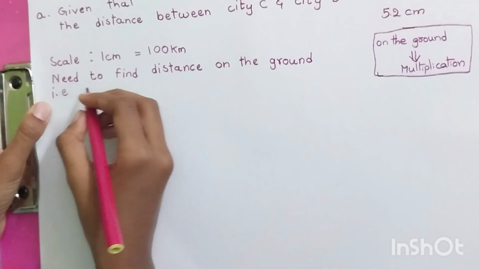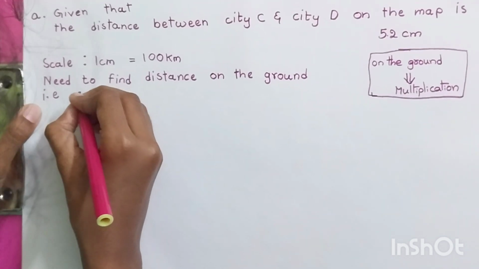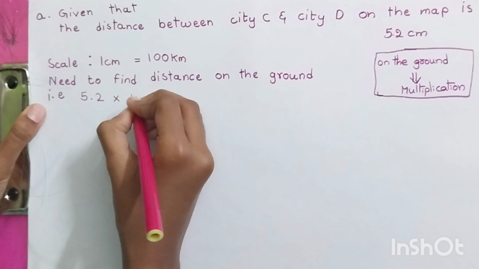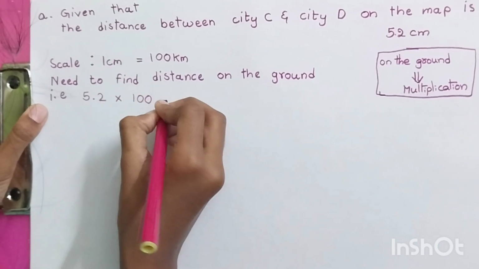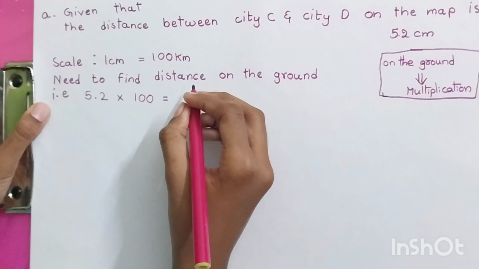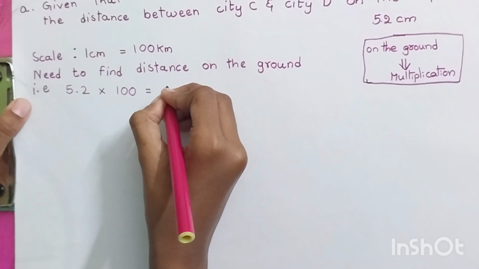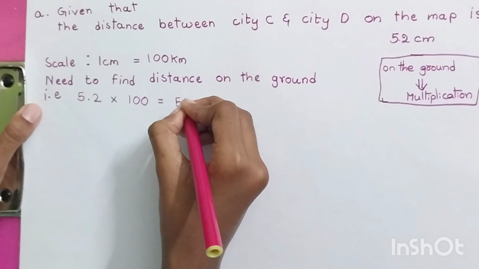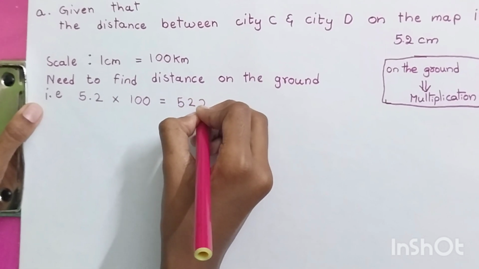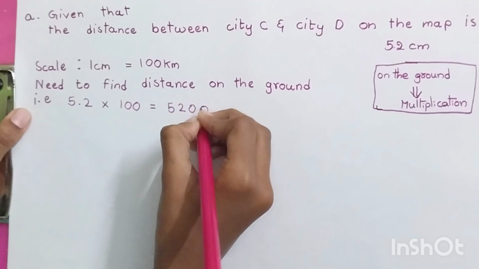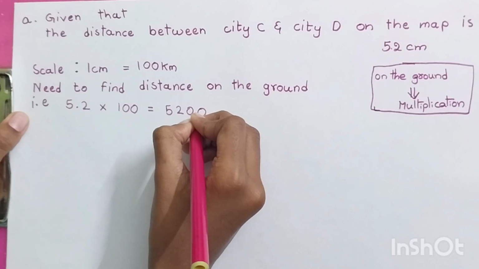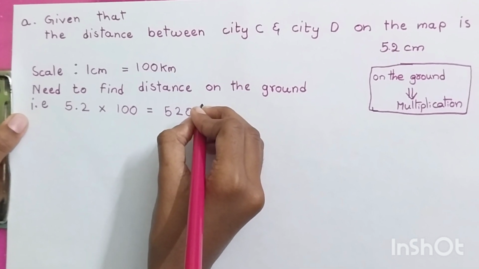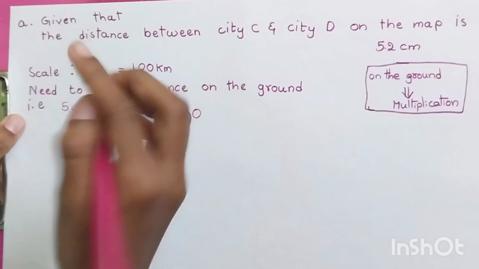That is what we have to do: multiply 5.2 into 100, the value in the scale. Why are we taking 100? The value in the scale is 100. As the number is 100, we just write the number 5.2 without the point, and as 100 has two zeros, we place two zeros.